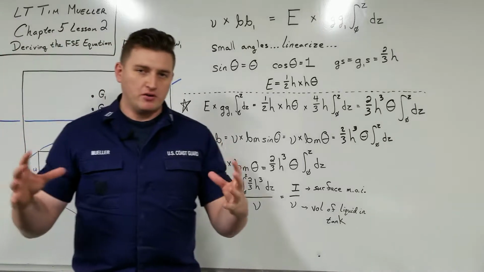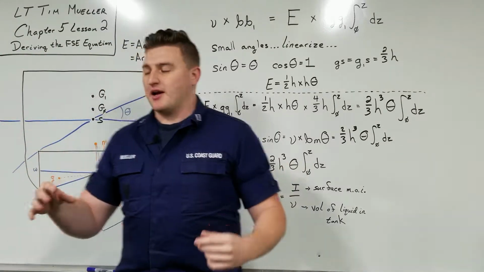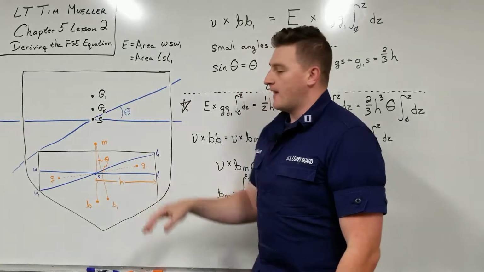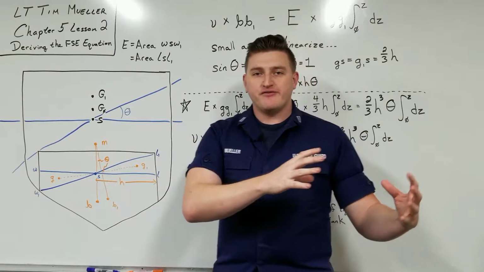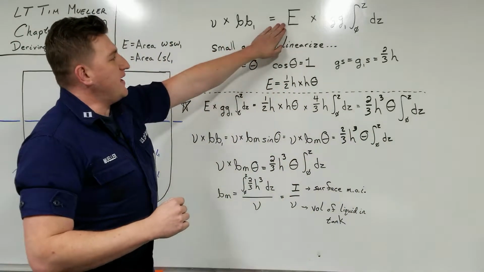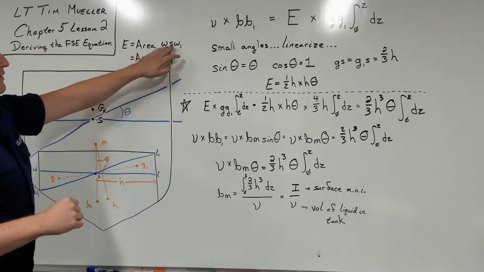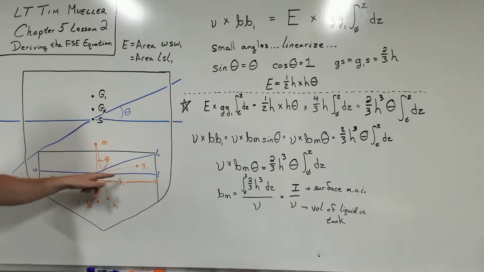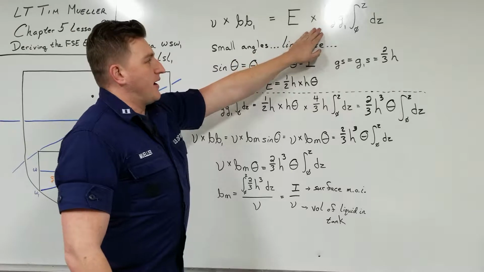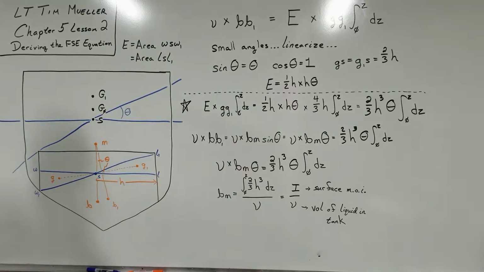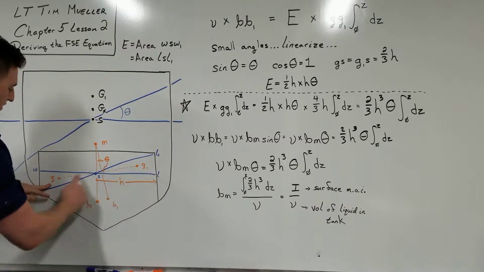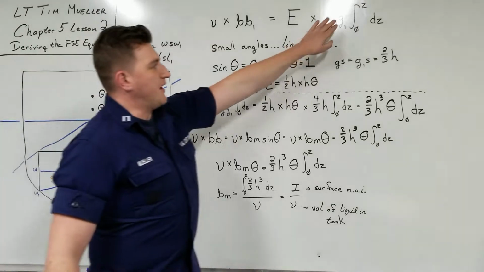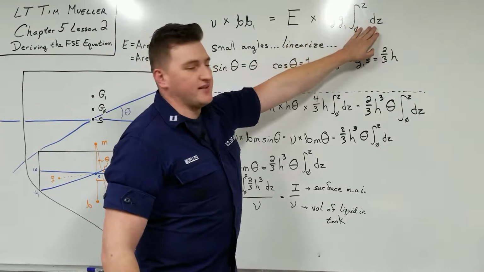Now we take that bulk measurement and we chop it up into these triangles here. We have, like I mentioned, WSW1 and then LSL1. How far is that moment that's shifted? So if we take E being the area of WSW1, which is the same as LSL1, so just the area of one of these triangles, and then we multiply it by G1, and G1 is this distance here, the distance between the centers of gravity, times the integral from 0 to z, dz.